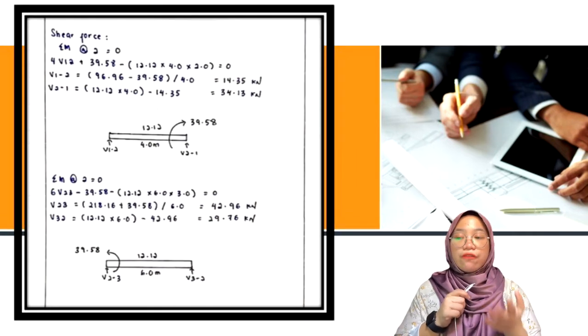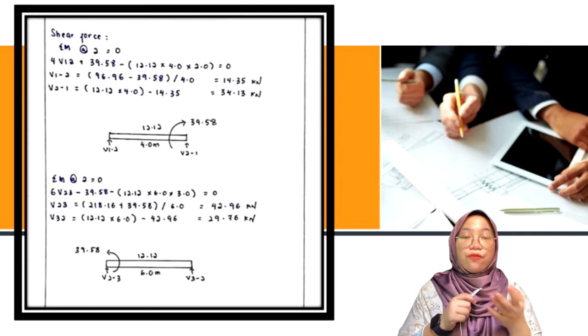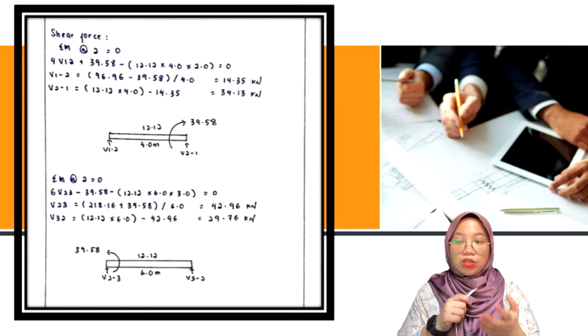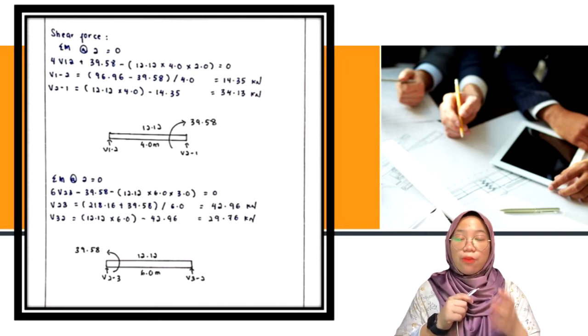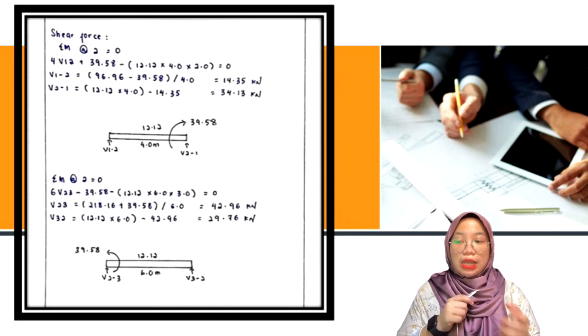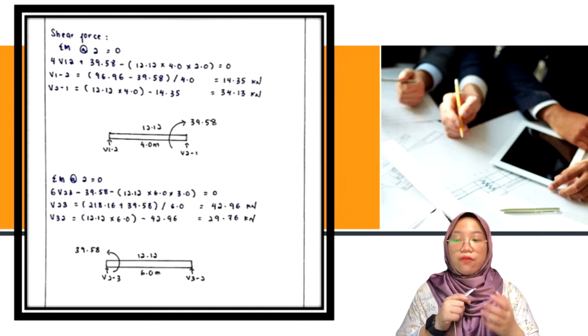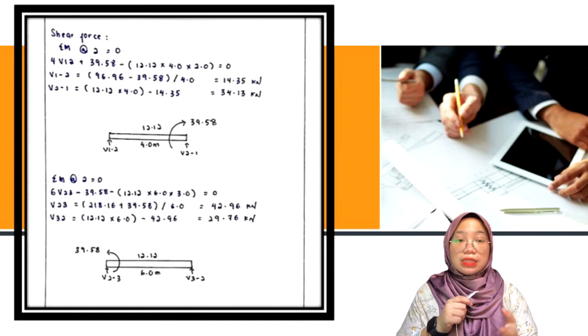Next is the shear force at W1: V1 to 2 is 14.35 kilonewton, and V2 to 1 is 34.13 kilonewton. Next, on W2, V2 to 3 is 42.96 kilonewton, and V3 to 2 is 29.76 kilonewton.